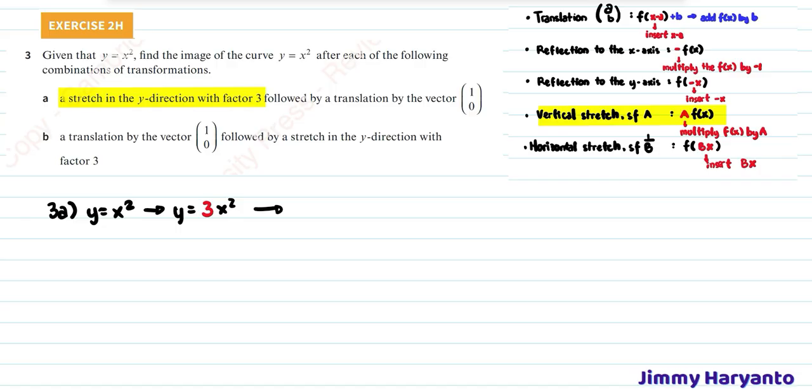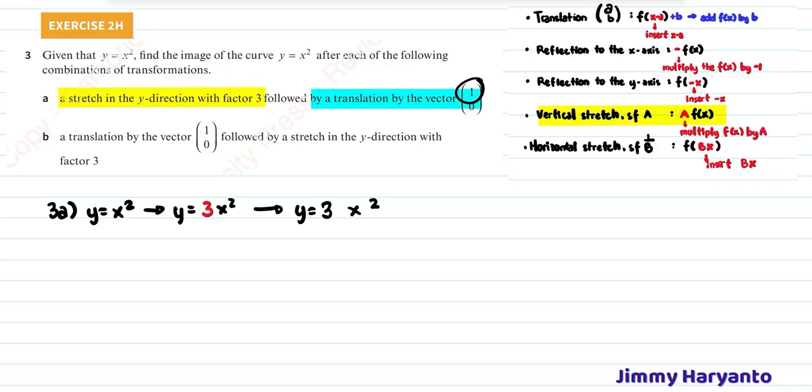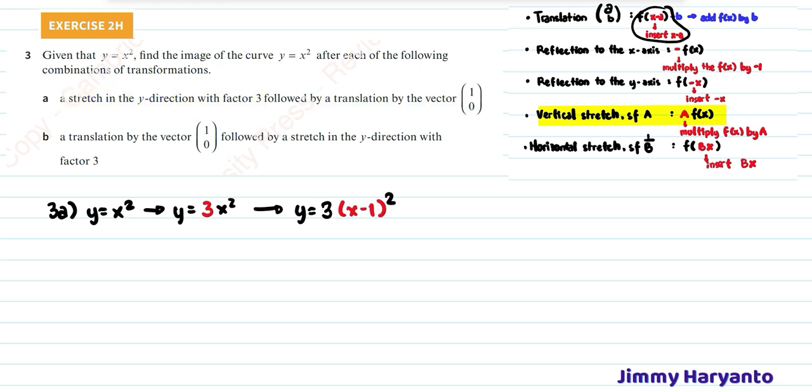And then the second is translation by (1, 0). So y equals, we have 3x squared before because we have 1. That means we have to insert x minus 1. That means we change this into (x minus 1) and then square. That's it. That is for 3a.